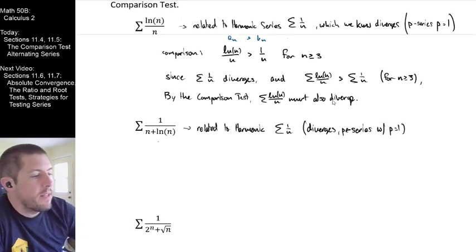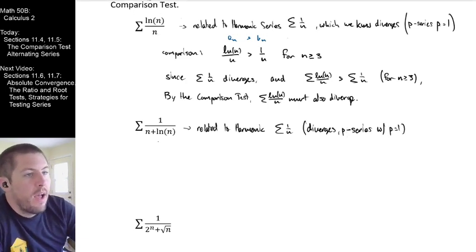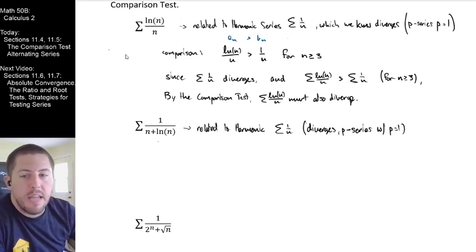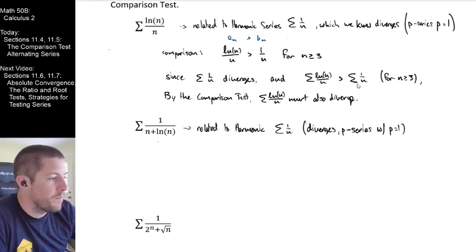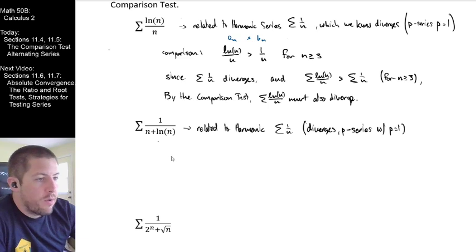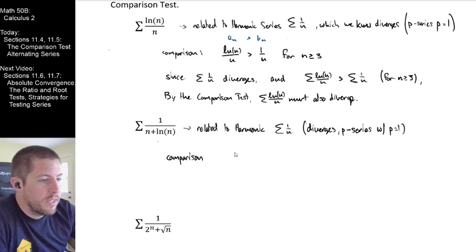I'm going to just keep on saying those justifications out there. I know why all of the convergence and divergence statements that I'm making are true. So the comparison I want to make is asking what the size relationship is between the terms in our series and the harmonic series that we seem to be closely related to.